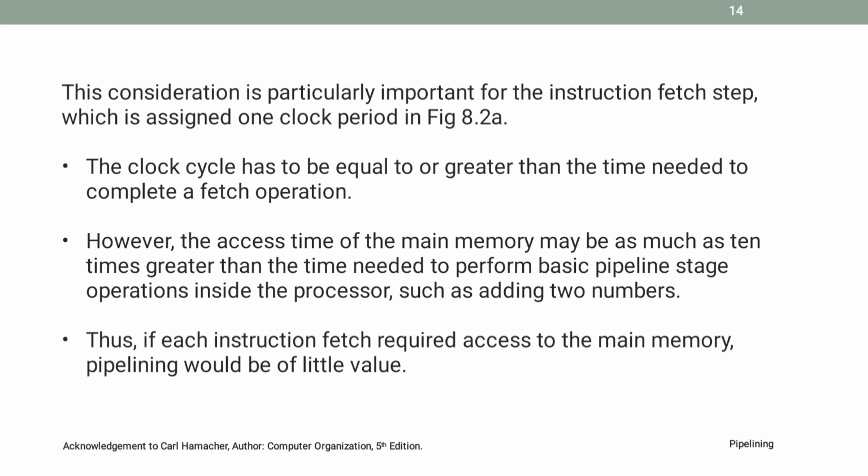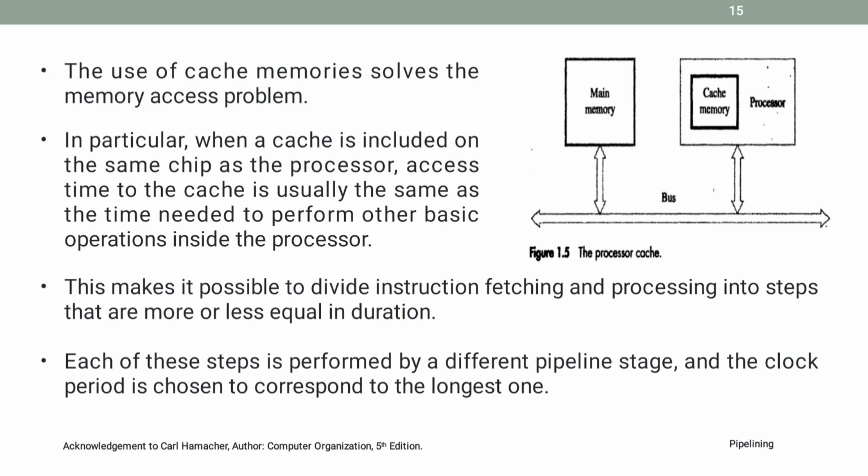Thus, if each instruction fetch required access to main memory, pipelining would be of little value. So whatever program and data we have kept in main memory, if for each instruction we make the processor access it from main memory only, it takes more time and it is not possible to design pipeline stages of equal time or equal length.